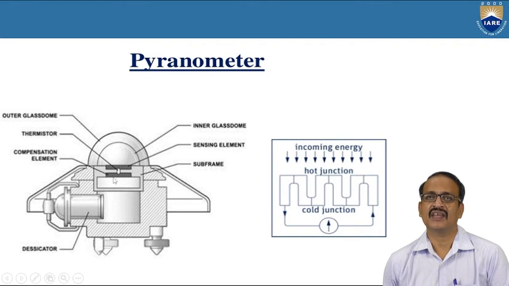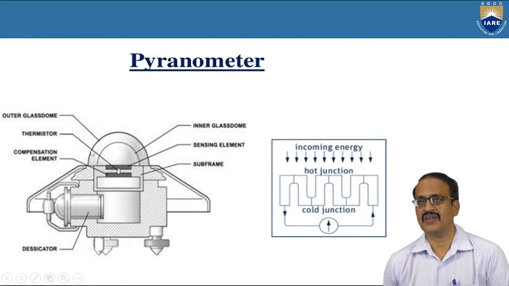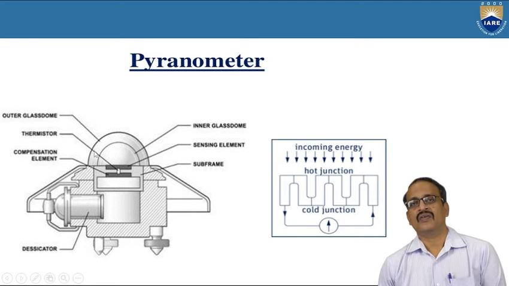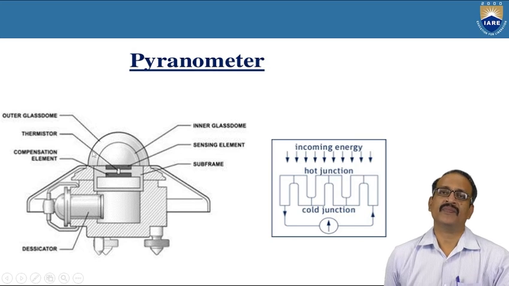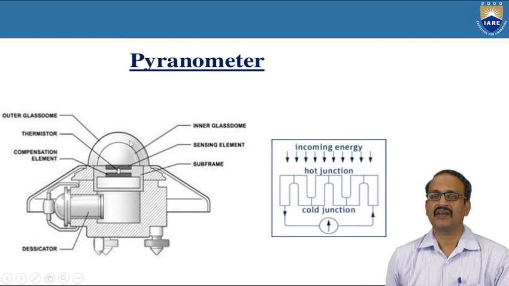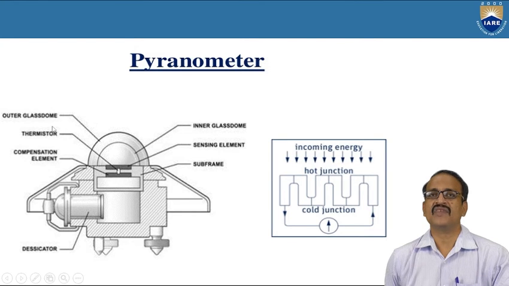So at the top you can observe here the outer glass dome. Why is it like this? Because it has to absorb the global radiation or diffused radiation also. Its purpose is to absorb the global, not only direct radiation. That's why it has to absorb the diffused radiation.